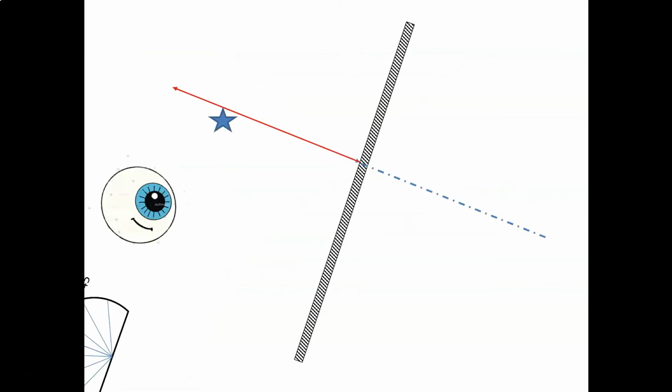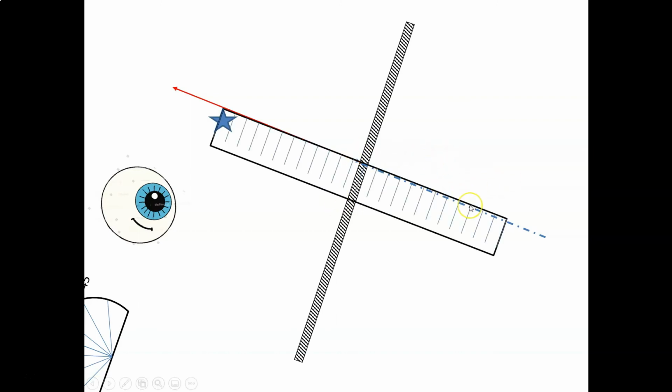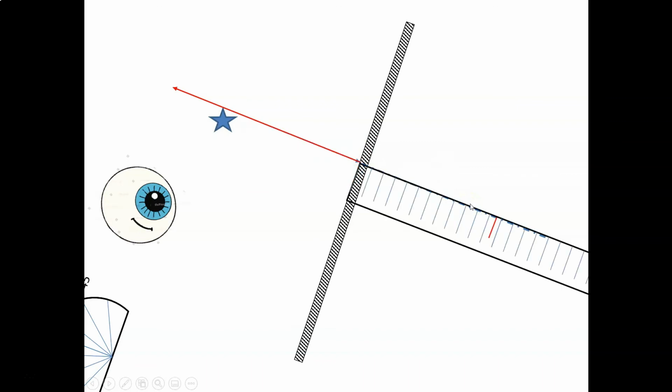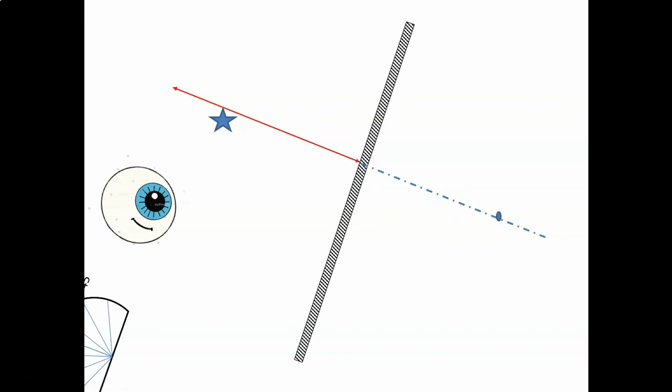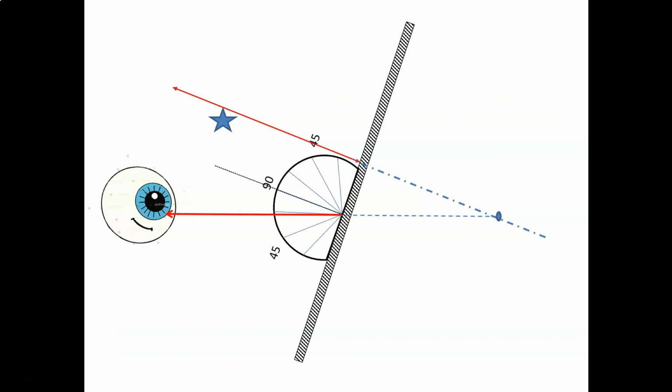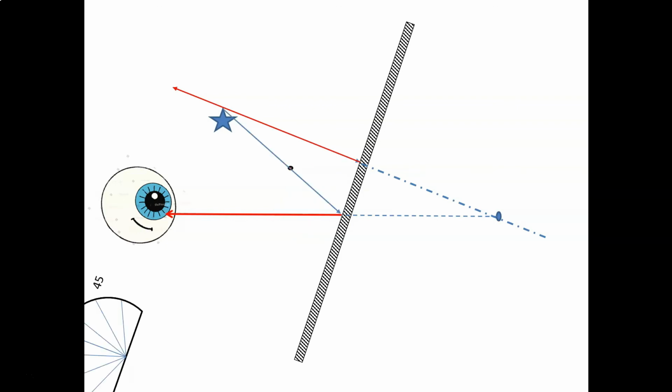Okay, likewise, even if my mirror appears to be at an angle, we have our incident ray with a reflected ray, we extend it behind, we measure our distance, we add our point, we add a reflected ray, we measure our angle of reflection, we put the same angle of incidence, and we add an incident ray.